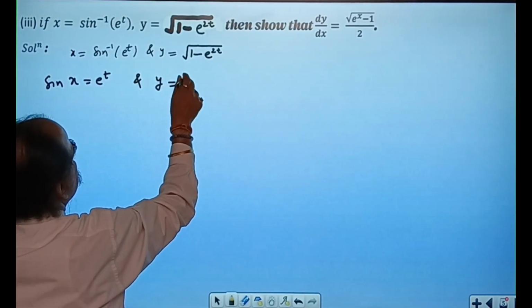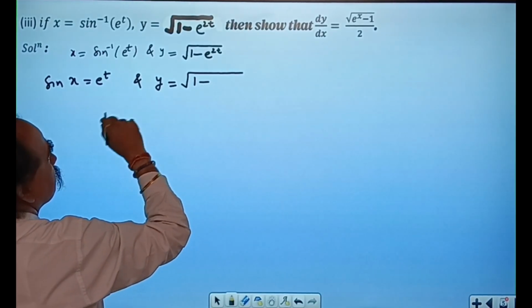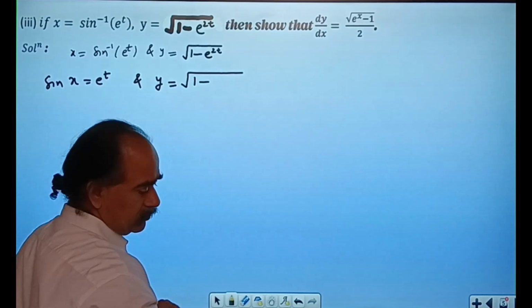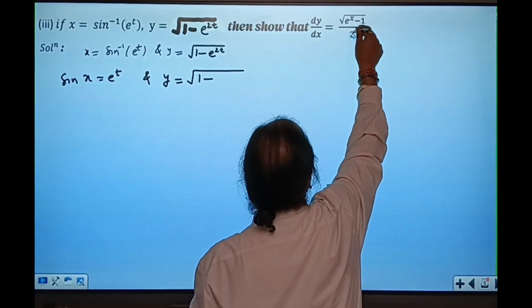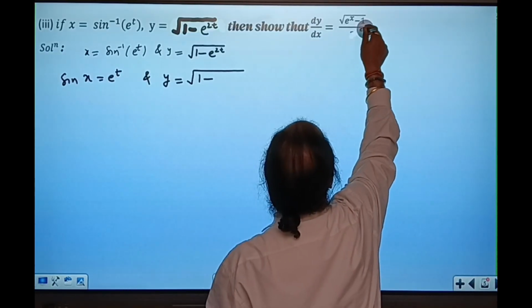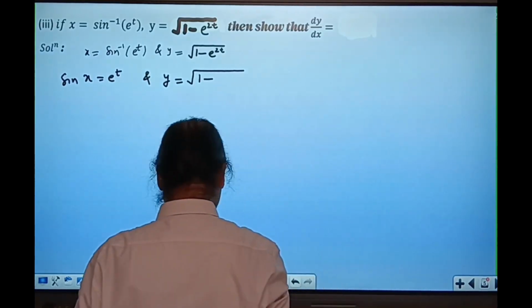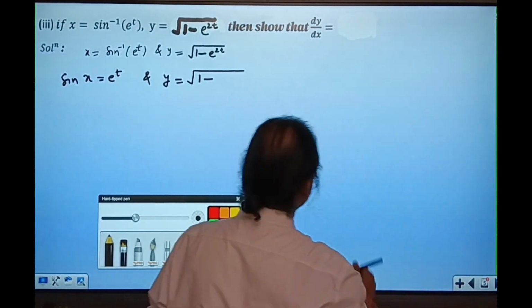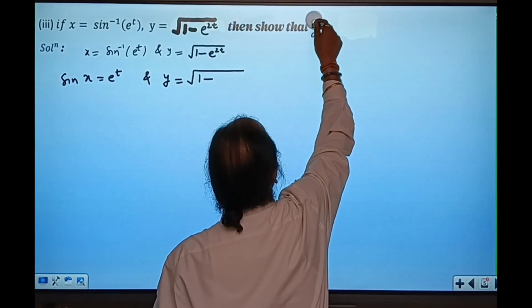And y will become root of 1 minus e raised to 2t.